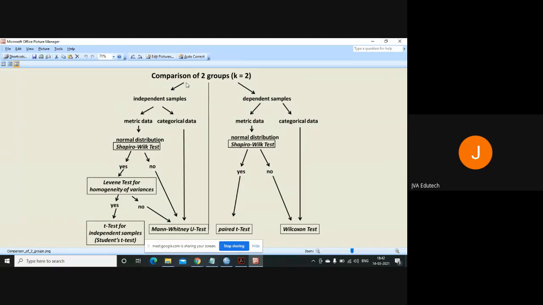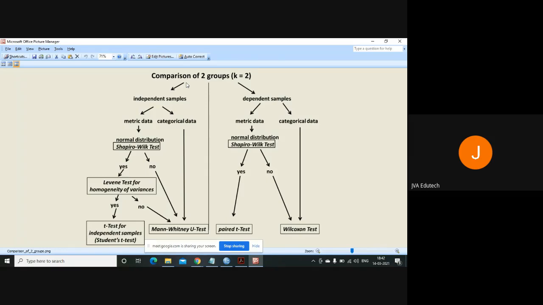One case could be that your two categories are independent of each other, meaning they don't have similar characteristics, like male and female. I want to measure the attitude of people towards their work life balance, where people are divided into two groups, male and female.